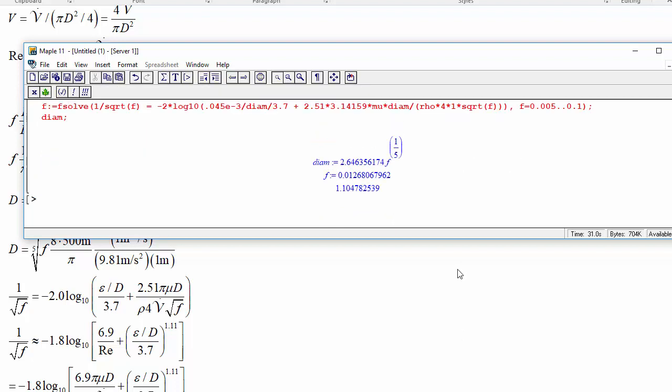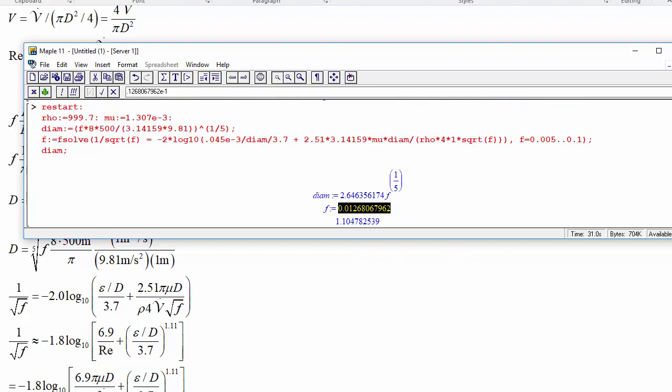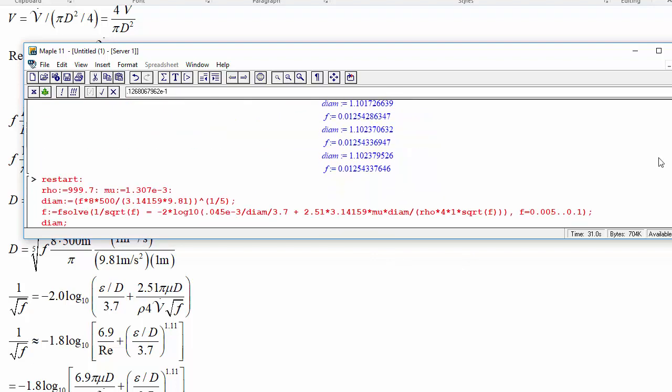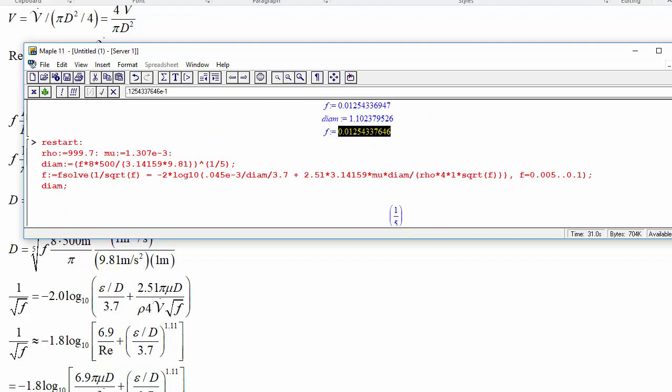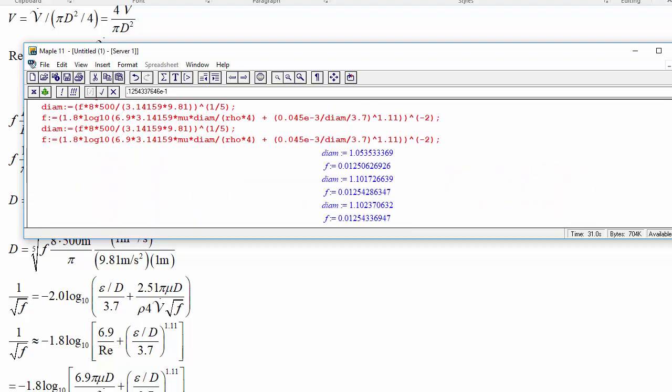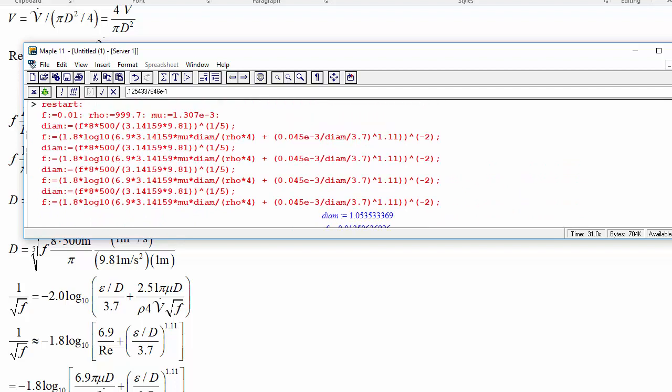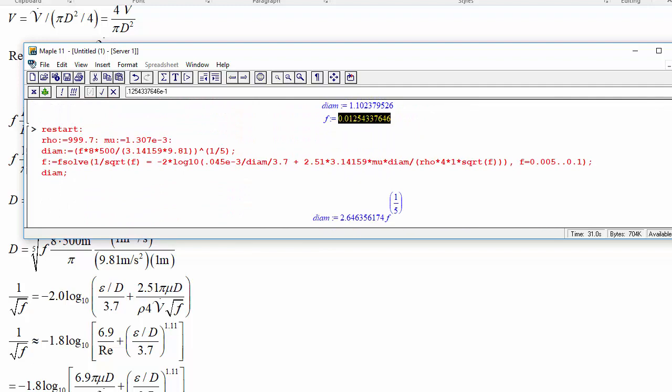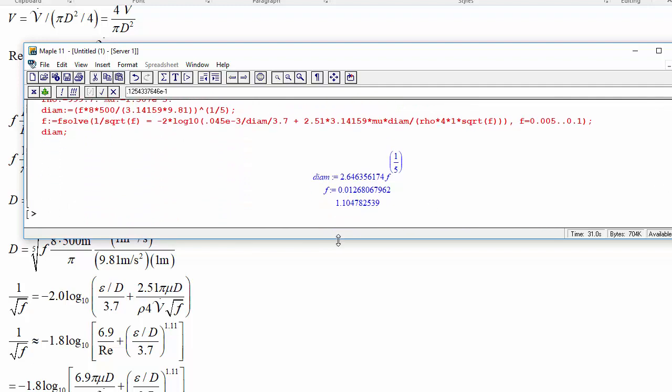So diameter is 1.105 and the friction factor is 0.0126. How close did we get before? 1.102 and 0.0125. So almost the same using this simpler Haaland equation and the iterative method as the numeric solving.